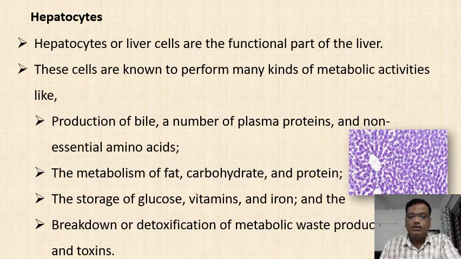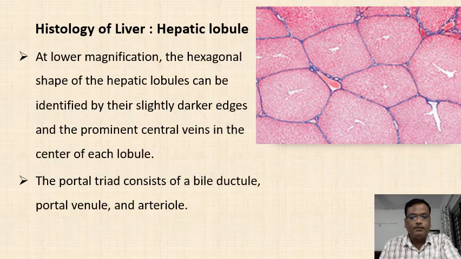Actually, it converts the glucose into glycogen and then it stores glycogen. Storage of vitamins, storage of minerals like iron, and one of the very specific functions is detoxification of metabolic waste products and toxic materials. So that is about the hepatocytes.